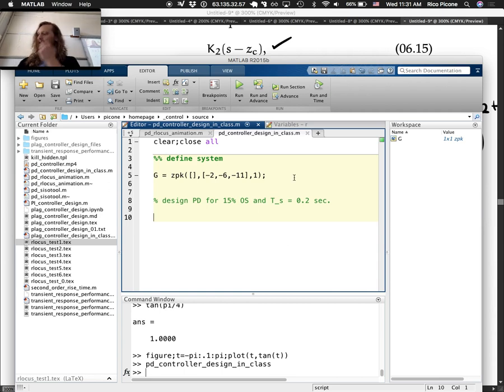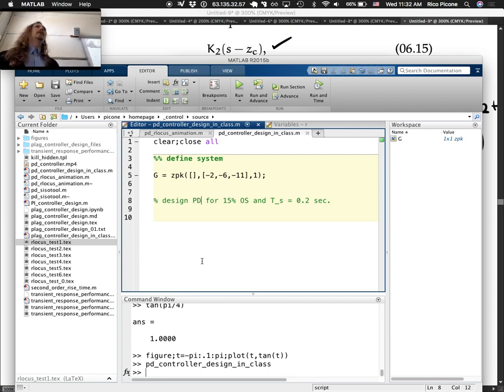All right. So I took the liberty of defining, using ZPK, a pretty simple transfer function with 3 poles, no zeros, and I say design a PD controller for 15% overshoot and settling time of 0.2 seconds.